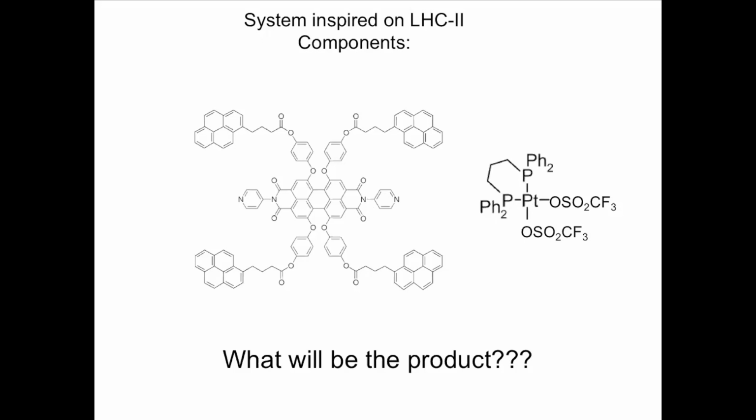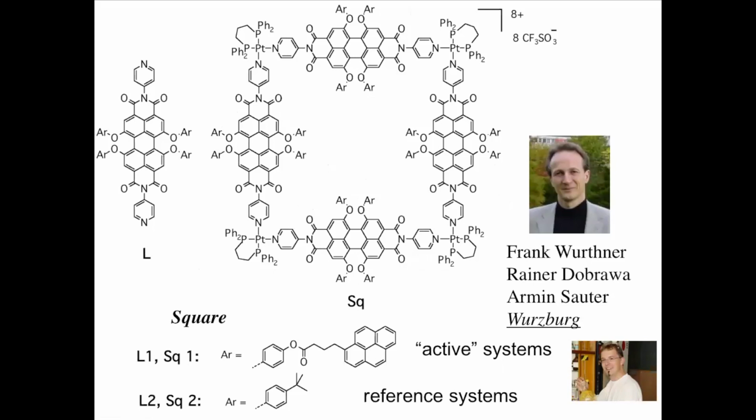And basically these two groups exchange for the pyridine, and then you make a molecular square. This ligand, together with this platinum salt, one side is blocked by the phosphines. The other groups, they are ions, they can exchange more easily. So in that way, you can make molecular squares.